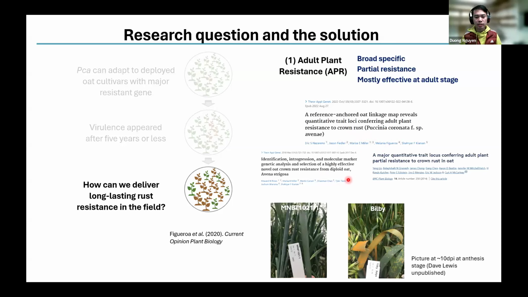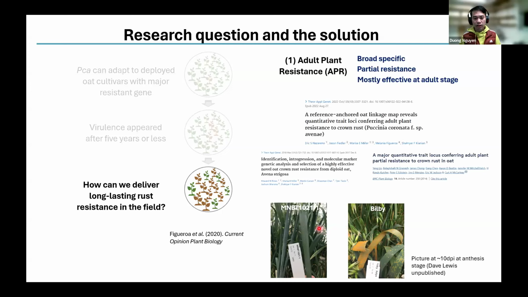So we imported the source of resistance into Australia and tried to compare the resistance with the current germplasm in Australia. Here we can see a result from an APR assay in the glasshouse, comparing the resistance between the imported material and the cultivars from Australia.